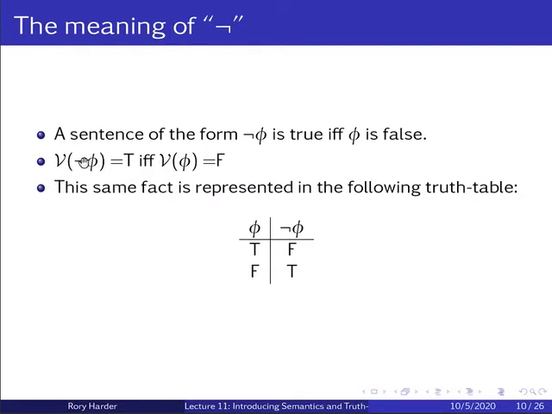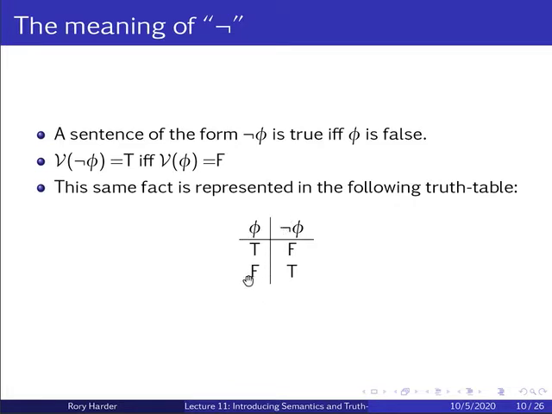So again, the valuation we assign to not phi is true just in case the valuation assigned to phi is false. And this same fact can be represented by a truth table. What this truth table shows us is that if the sentence phi has a value true, then the sentence not phi will have false.